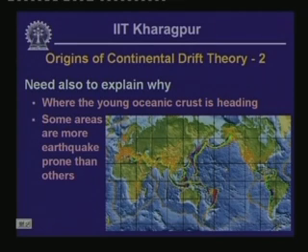Now that becomes clear if you plot the location of the earthquakes that have been taking place on the surface of the earth on the map, and what is seen is that the earthquakes are clustered preferentially in some parts of the globe, whereas other parts are much more stable so far as earthquakes or seismicity is concerned. Now earthquake activity is called seismicity, as you might know already.